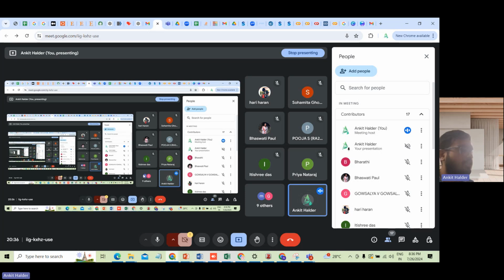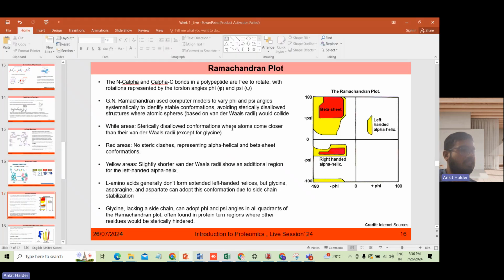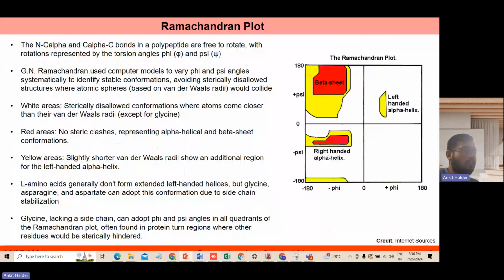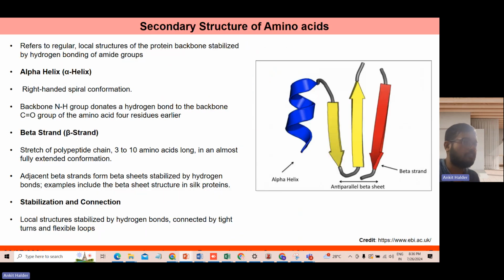It does not contain any sterically hindered structure, and it is generally found in protein turns where other amino acids would not be present because of steric hindrance. So you can try to understand and remember these regions: which are disallowed, which are allowed, and which are extended left-handed helices with steric clashes.